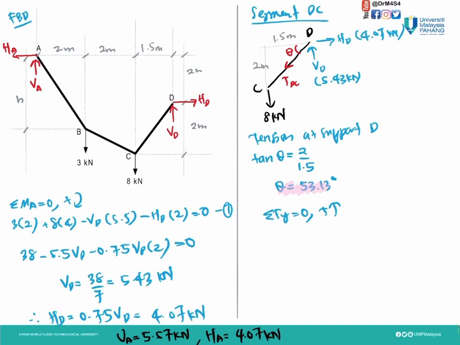Then we take summation Fy equal to 0, positive upward. So we have 5.43 going up, and then we have to resolve TDC into the y direction, so minus TDC sine 53.13 equal to 0. Then we get our TDC is 6.79 kN.